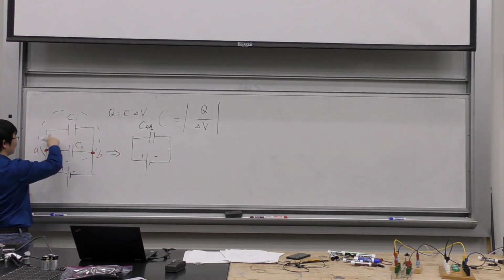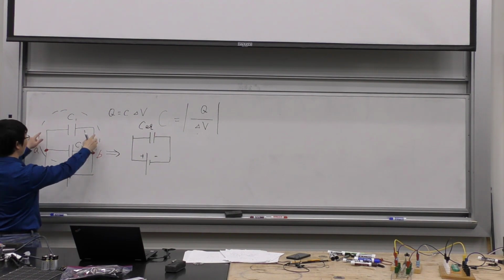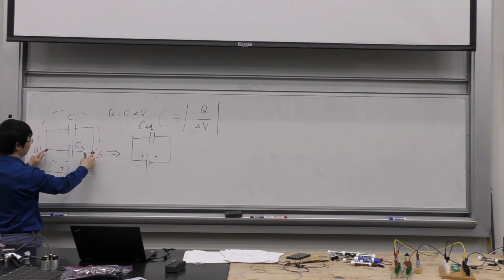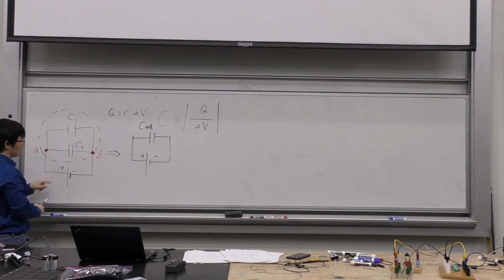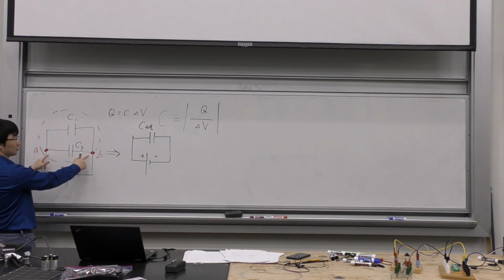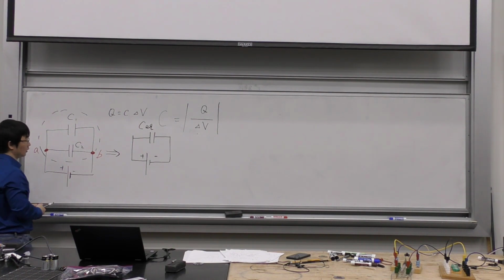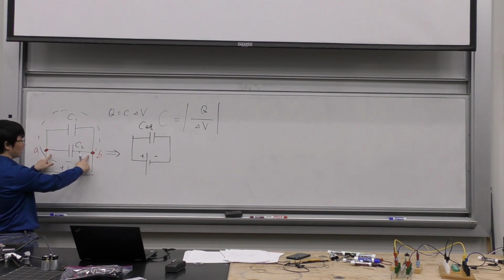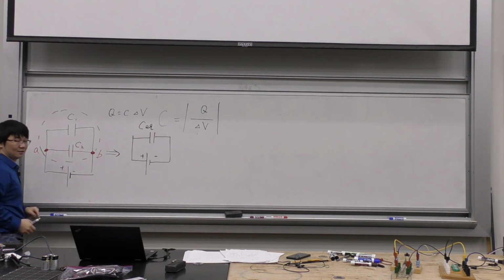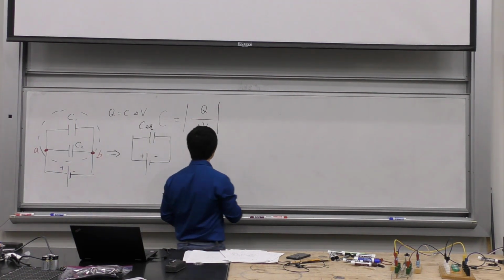C1 is connected to A and B, so the voltage on C1 is the potential difference between A and B. C2 is also connected between A and B, so the voltage of C2 is also the potential difference between A and B. Obviously they have the same voltage.